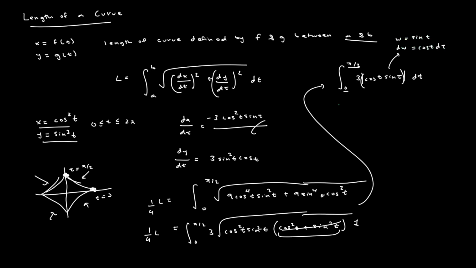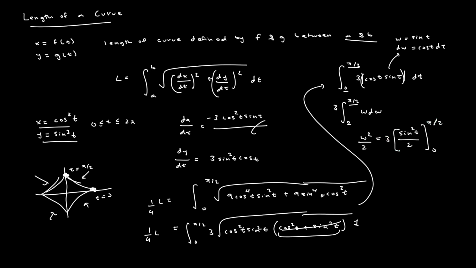So I get 3 times the integral of w dw, which is simply w squared divided by 2, which is sine squared t divided by 2 from 0 to pi over 2, and then don't forget to multiply by the 3.